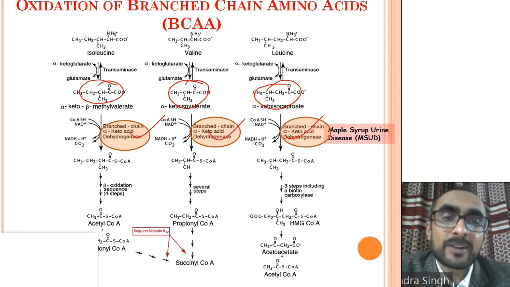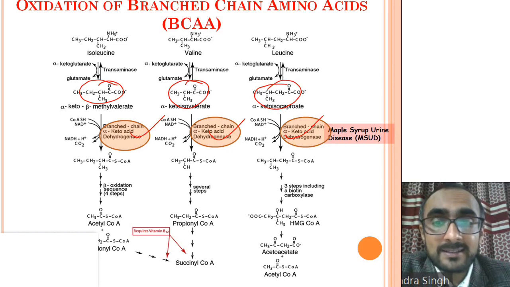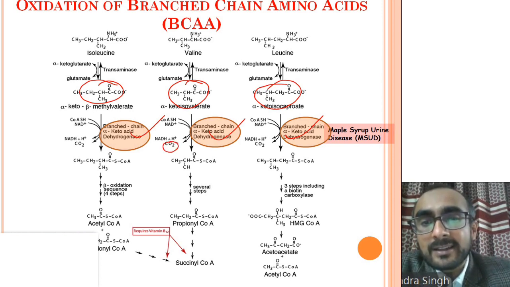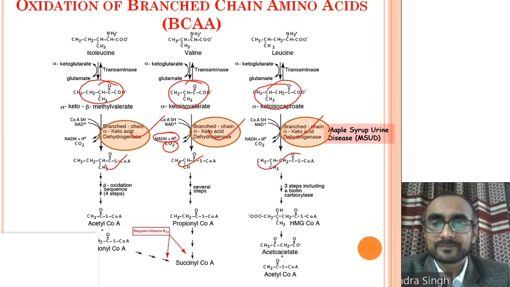This branched-chain alpha-keto acid dehydrogenase also has a similar mechanism, where three enzymes are associated, and it catalyzes an oxidative decarboxylation reaction, where coenzyme A is added to the keto acid, carbon dioxide is released, and NAD plus is reduced to NADH and H plus, and the corresponding coenzyme A esters of these three keto acids are synthesized.